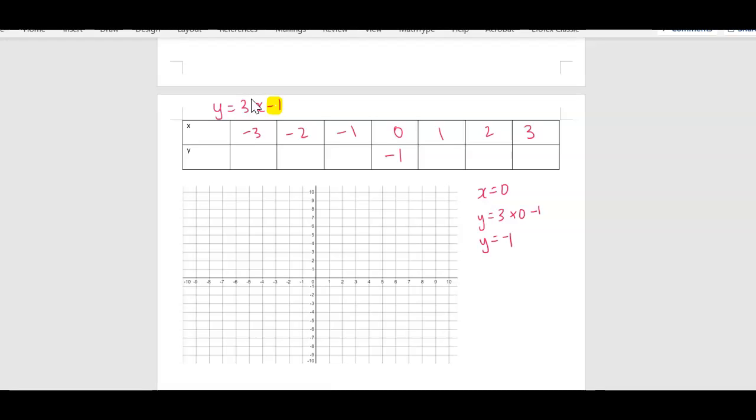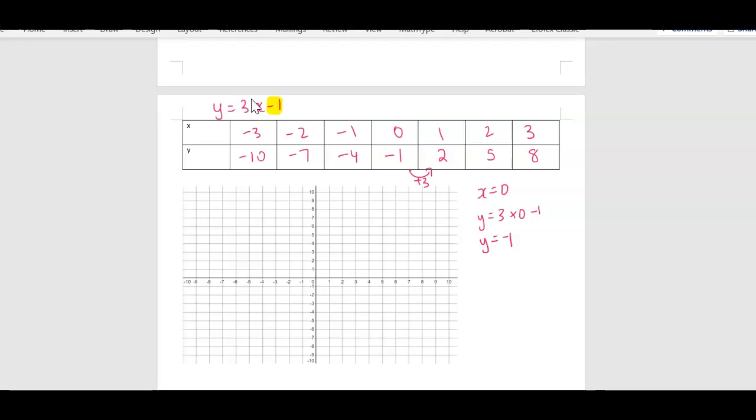Right, so you can get -1 that way, but it will always be the number on its own. So when x equals 0, y is equal to -1. Now our gradient is 3, so that means we're going up by 3 each time. So we're just going to add 3. So -1 plus 3 is 2, and then we're going to have 5, and then 8, and then going down in the other direction.